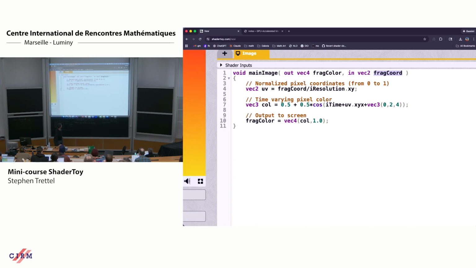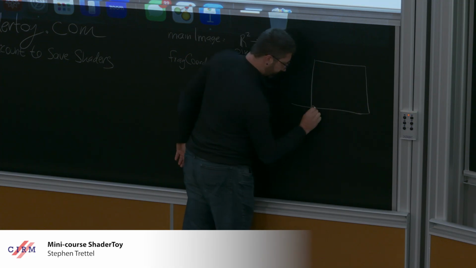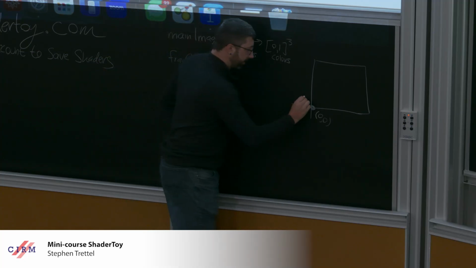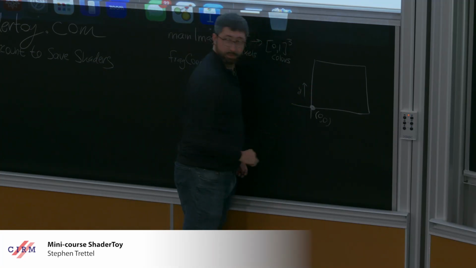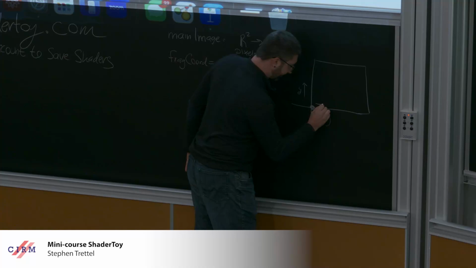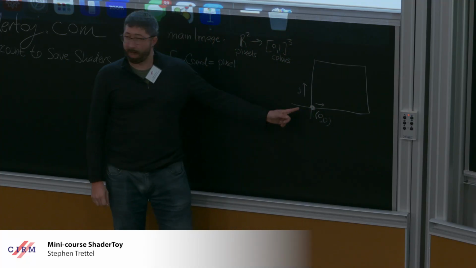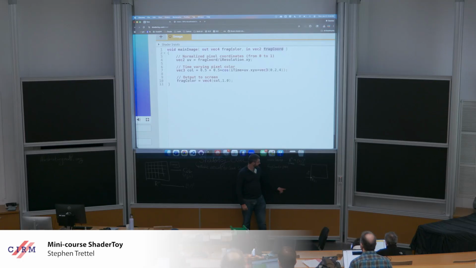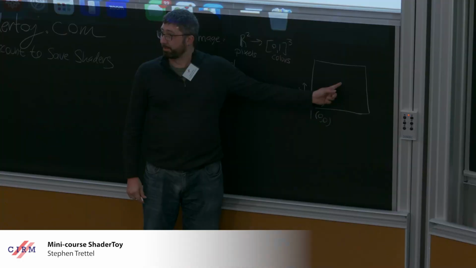The pixel coordinates start, if this is your computer screen here, at (0, 0) in the bottom. And then the y-axis goes up, and the x-axis goes this way. So the bottom of your screen is the origin of your coordinate system. The origin's not in the center of the picture, it's at the bottom.